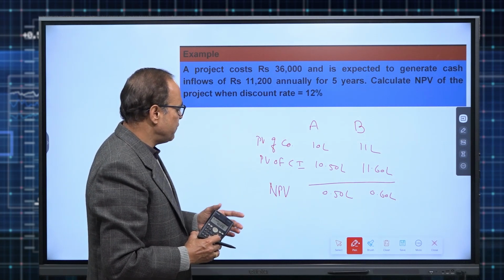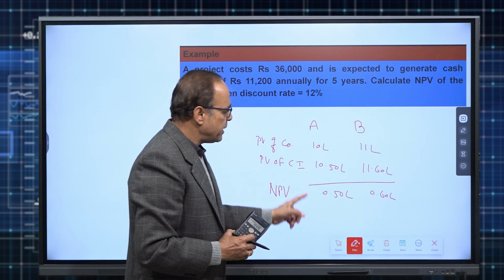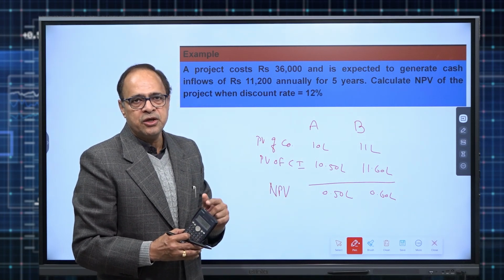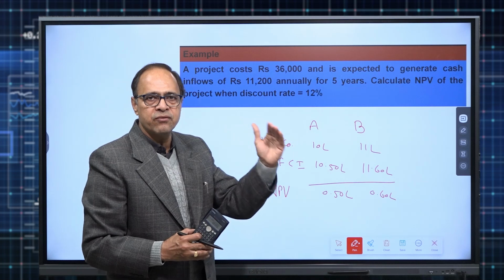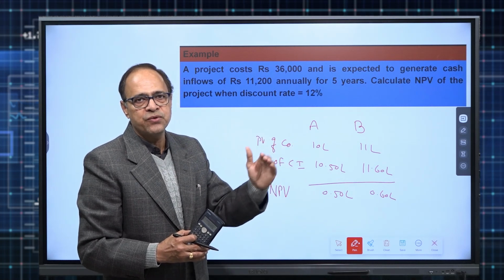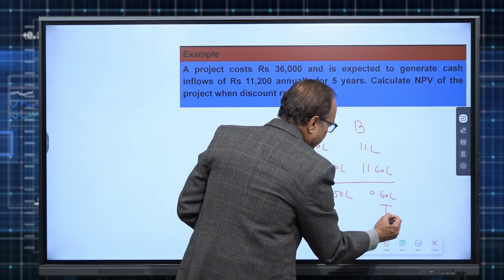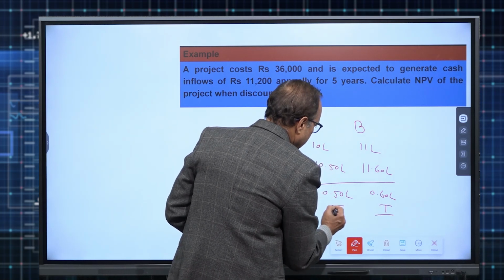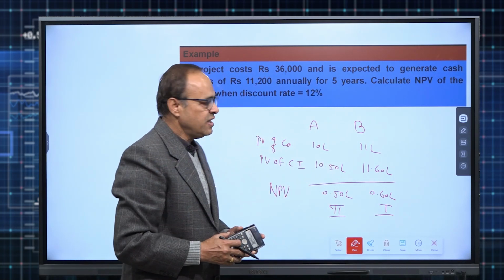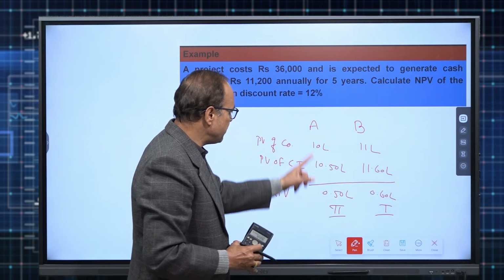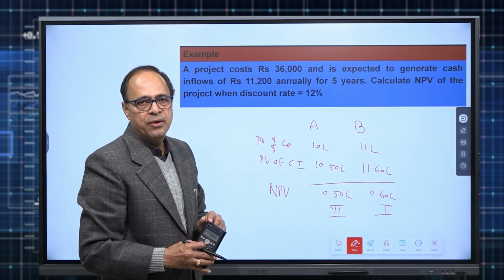We get a feel that as per NPV rule, whenever project ranking has to be done, it means we are considering more than one project, 2, 3, 4 or 5, the highest NPV will be given the first rank. Second highest will be given the second rank. In this case, first preference will be project B and second preference will be project A.